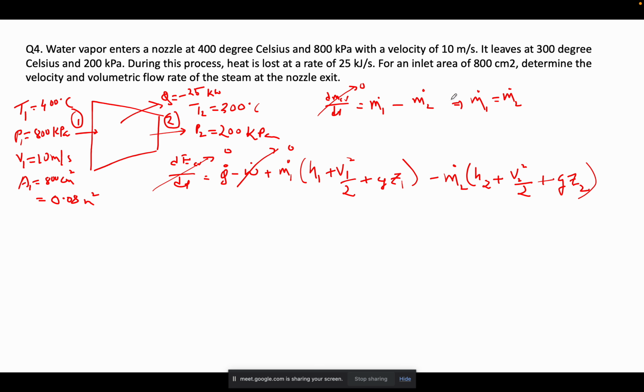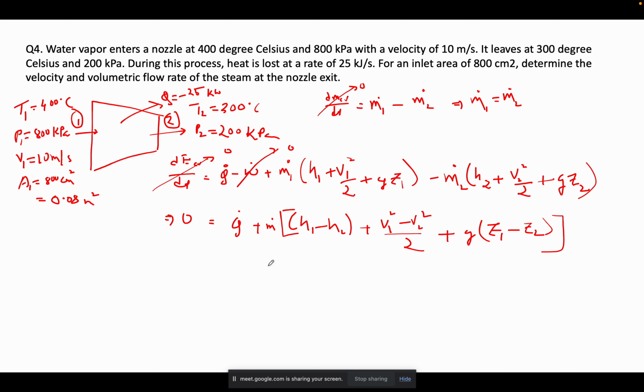Now again, nothing is said about the change in kinetic energy, so let us put this as q dot, and we know that m1 dot and m2 dot are the same, so this will be basically m dot times (h1 minus h2 plus v1 squared minus v2 squared by 2 plus z1 minus z2).